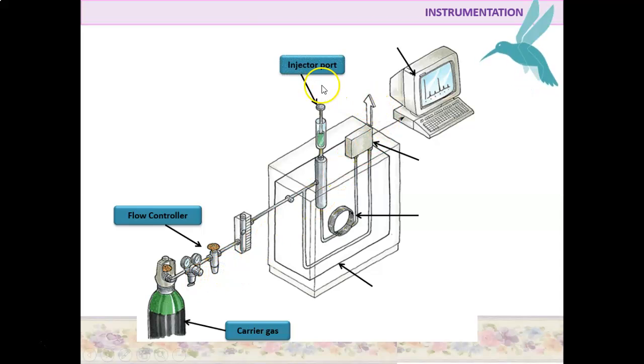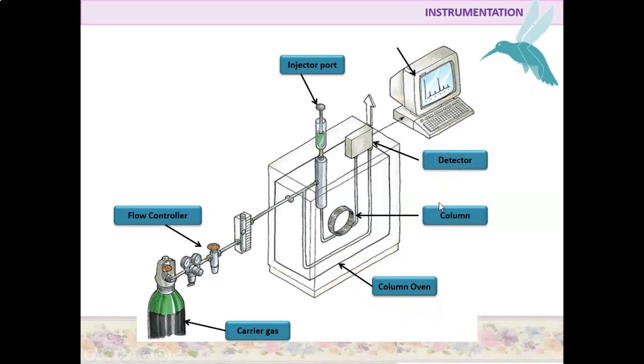This one is the injector port, whereby we inject the sample through this port, using the microsyringe. And this one is the column, and this is the column oven, the detector here, and the data recorder system.